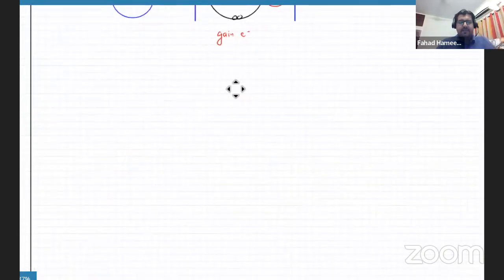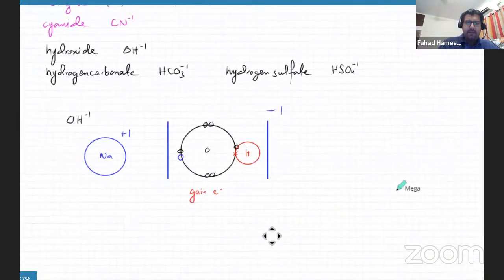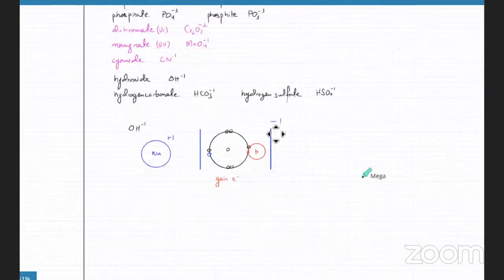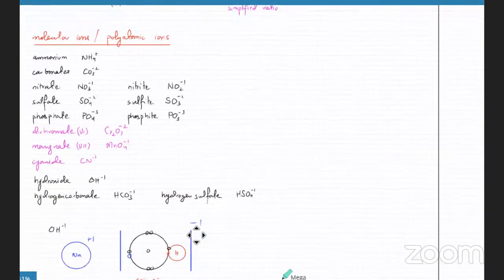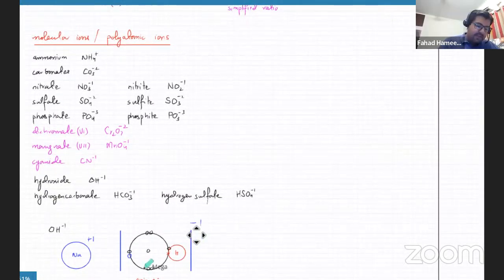Remember, there's going to be a positive ion attached to a negative ion. That's how ionic compounds are formed.